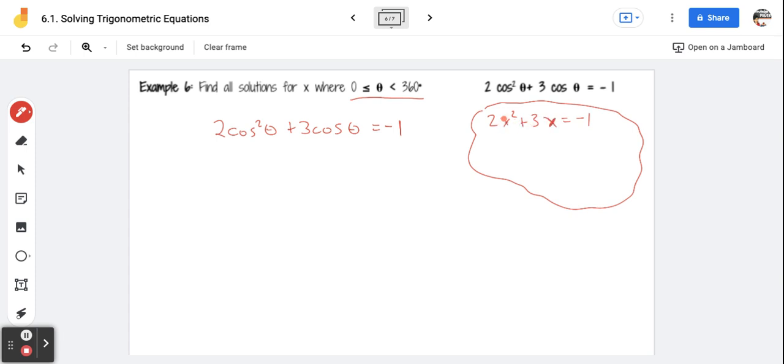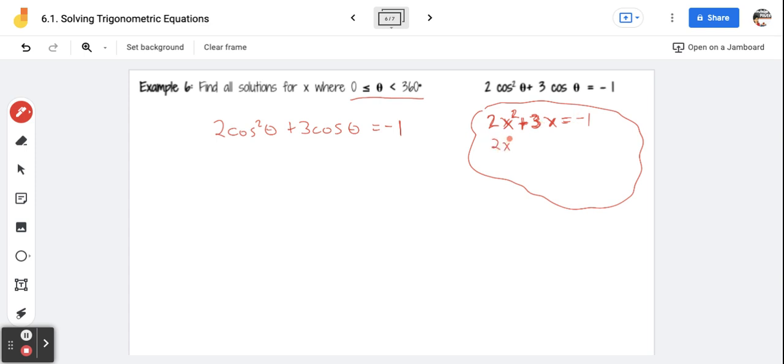Hopefully you could. It is a pretty standard quadratic equation. It's got the highest power being a 2, which tells me it's quadratic. With a quadratic equation, most of the time you want everything on one side equal to 0, and then you usually try to factor it first. That's usually going to be the easiest route. Sometimes it doesn't factor and you have to use the quadratic formula, but if it'll factor, that's a lot faster. So let's add 1 over.